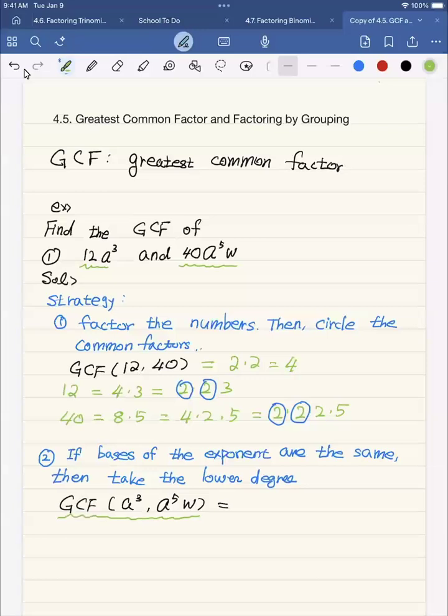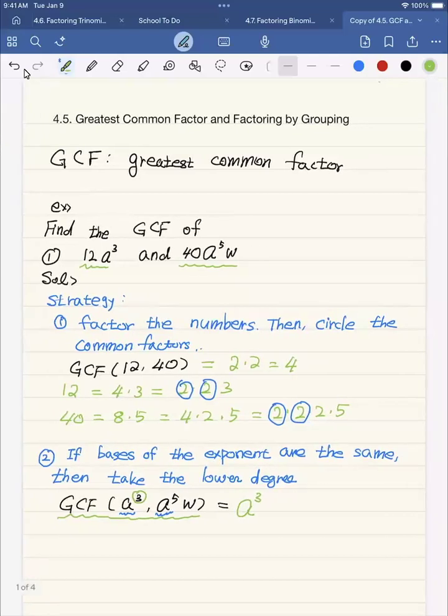When the pattern goes like this, what we want to think about is what is the common base number? Common base number is a, and w is not common because that doesn't appear in the first one. And then we will take the smaller degree one.